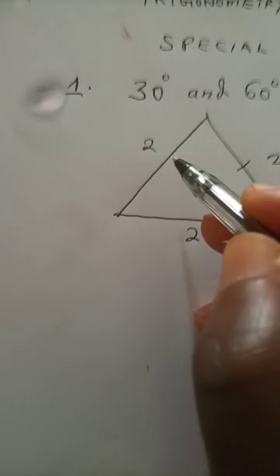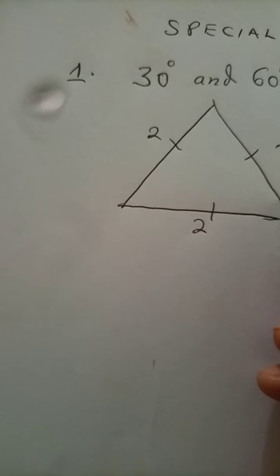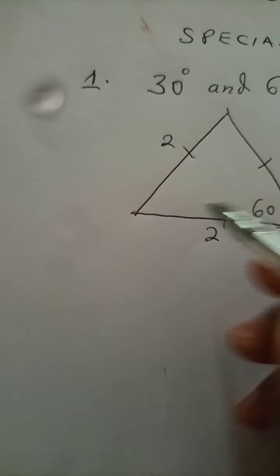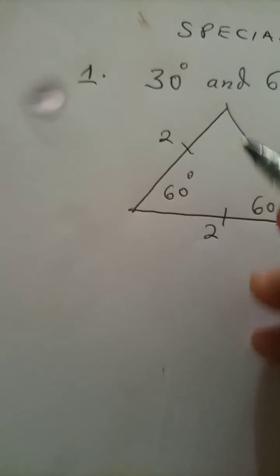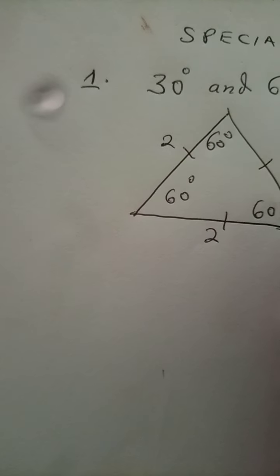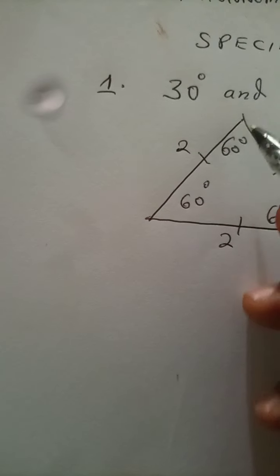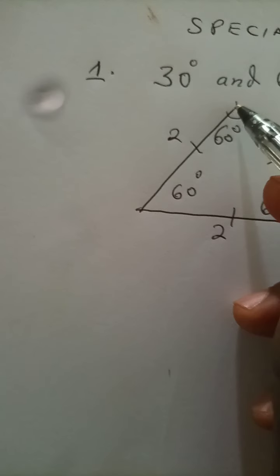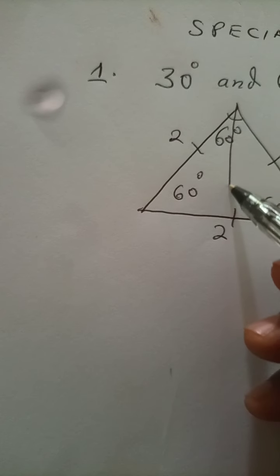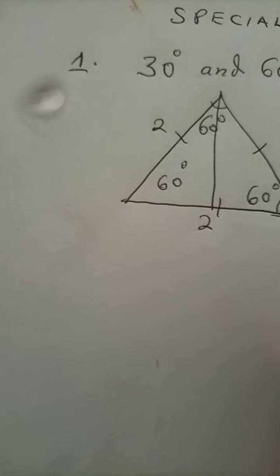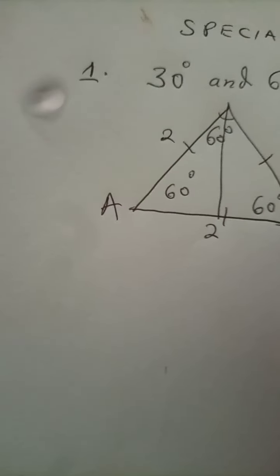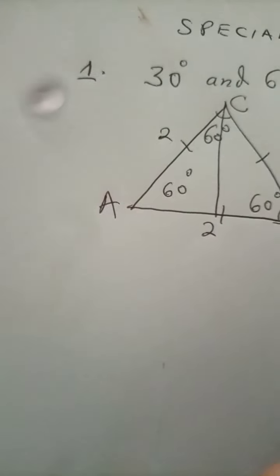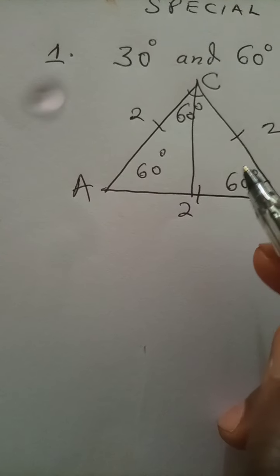If it's an equilateral triangle, it means all the interior angles each measure 60 degrees. And we want to bisect this angle 60. When we bisect it, it divides line AB into two equal parts.